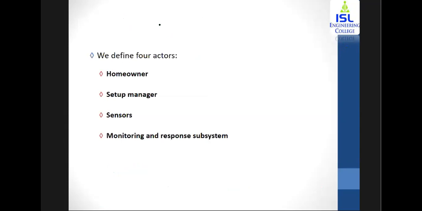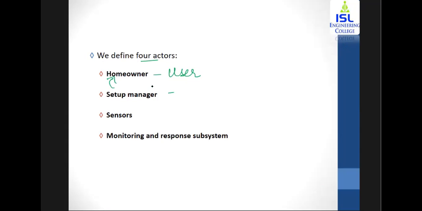So within this safe home control panel, you're going to have four actors. The first one is going to be the homeowner. This homeowner is basically your user. The next is the setup manager. This setup manager is the same person as your homeowner, but playing a different role. In the previous slide, I told you that I'll show you an example of one actor playing different roles.